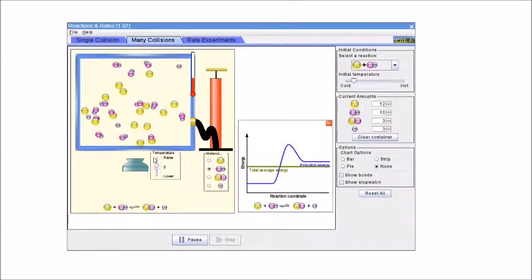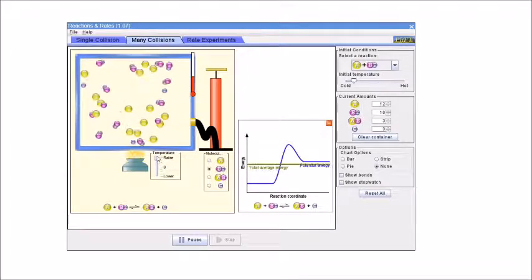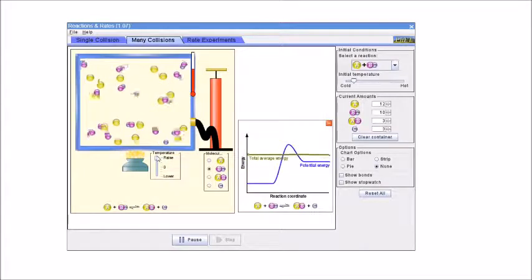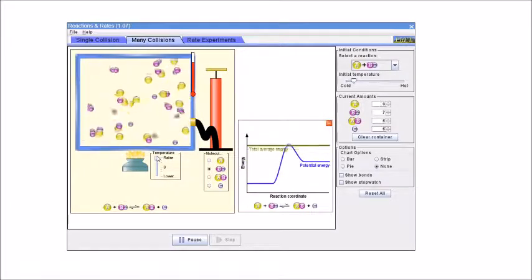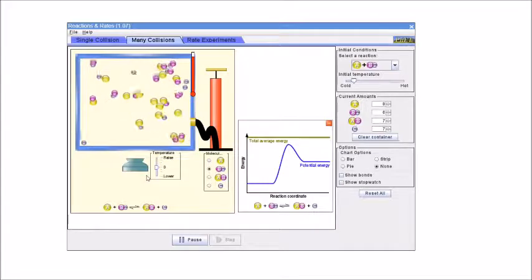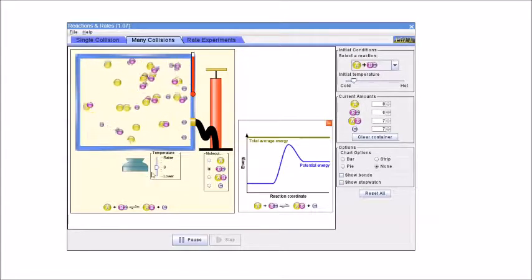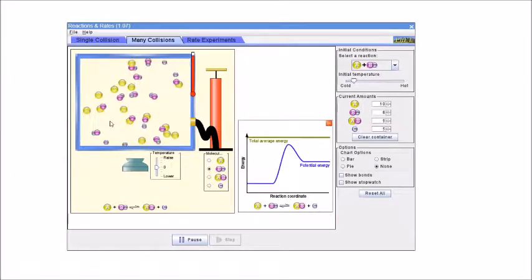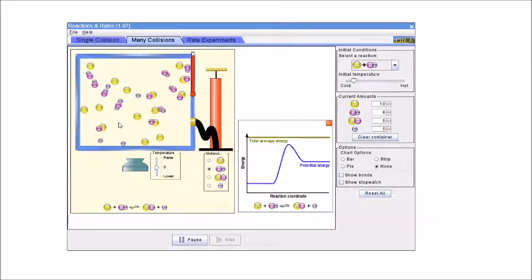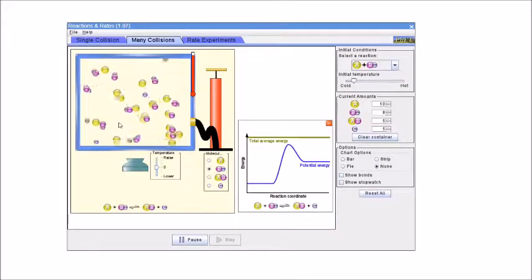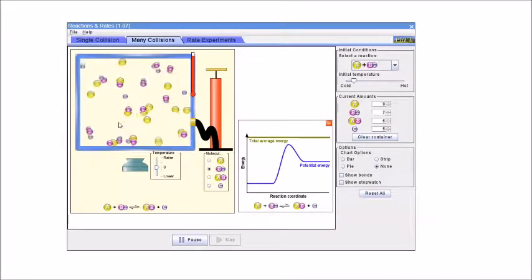So if I raise the temperature so that it's above the activation energy, then there's a higher probability of the reactants hitting at the right orientation.